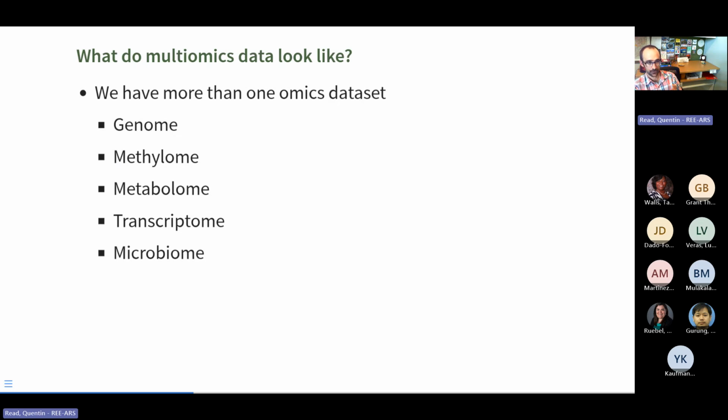The metabolome: all the different compounds that are present in a sample. Transcriptome would be all the RNA that's expressed in a sample, and microbiome, the taxa of microorganisms present in a sample. So anytime you have more than one of those from the same biological unit, an organism or a cell or a sample.